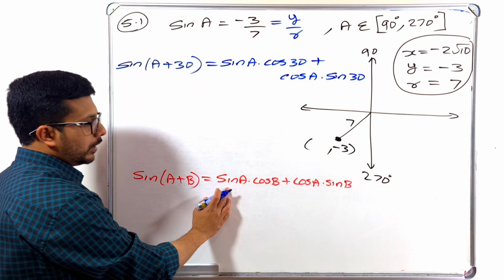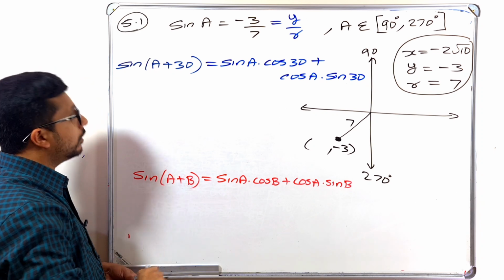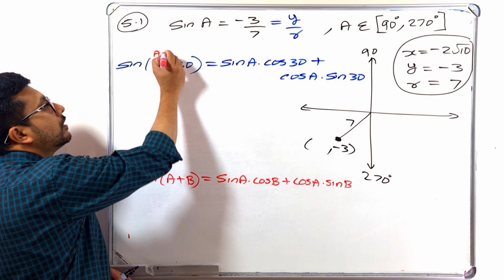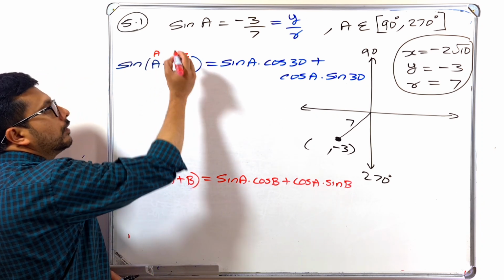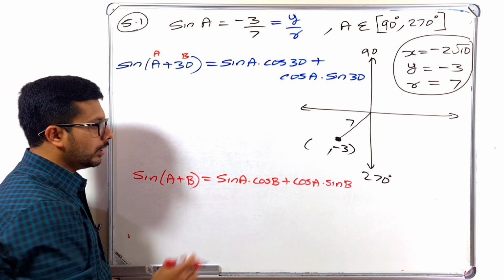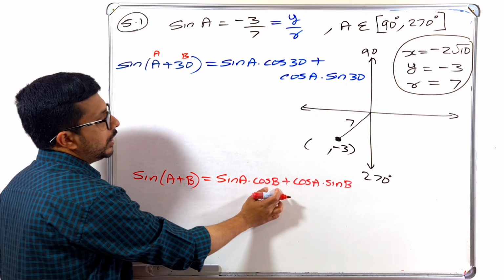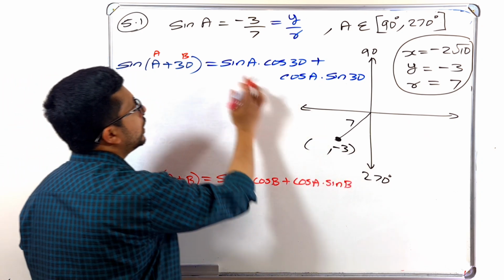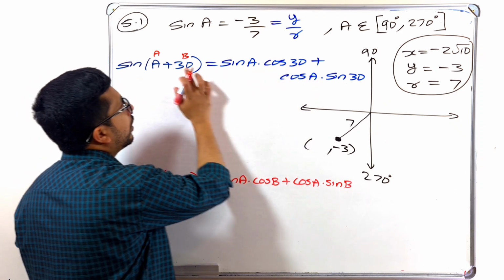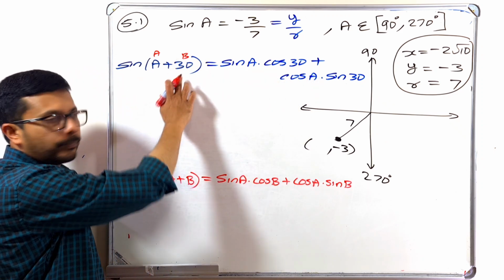This is our a itself and this is our b. So we expand: sine a cos b plus cos a sine b, with sine a cos 30, since b is 30.